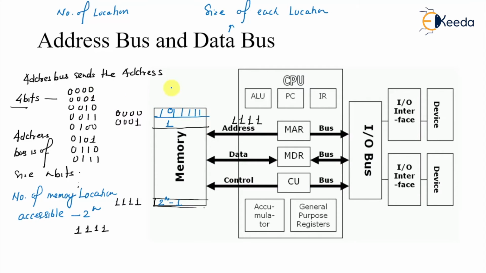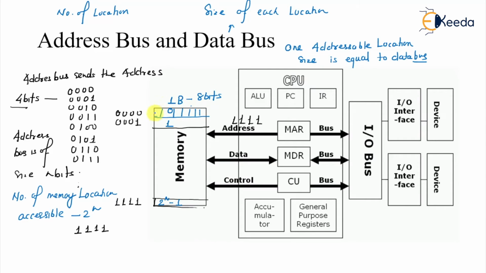It is not mandatory that the addressable location size is equal to your data bus. But I'm talking about the minimum size. Suppose this location is 1 byte, that means 8 bits.